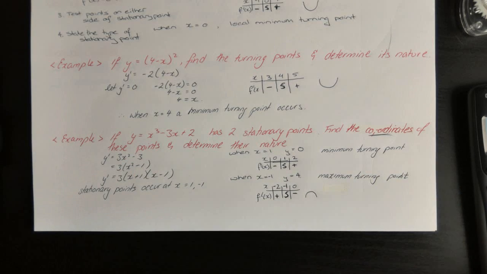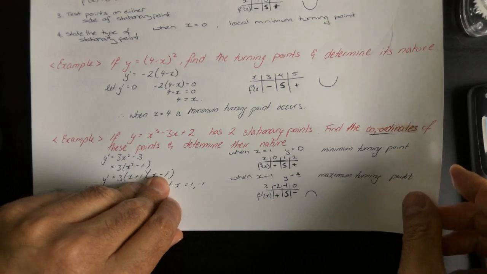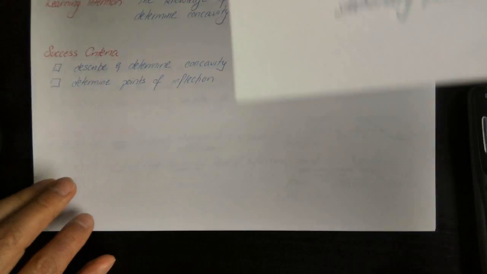So at the point of 1, 0, we get a minimum turning point, and at the point of negative 1, 4, we get a maximum turning point.